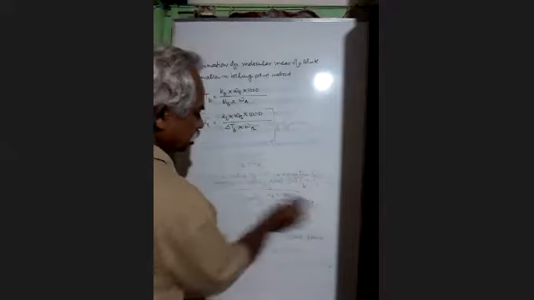So by this method, you can determine the molecular mass of the unknown solute. First you measure the boiling point of the pure solvent, then you make a solution, and then we can find out the delta T. You determine the boiling point of the solution with the help of a thermometer.